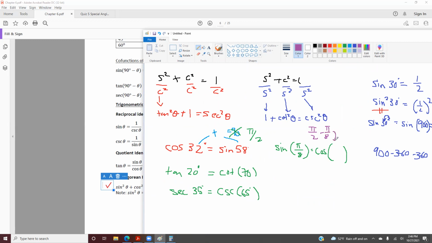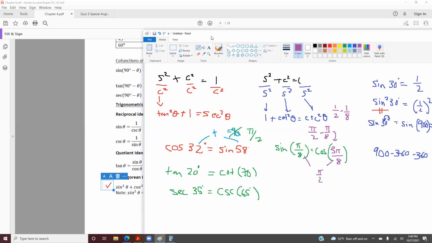If you have your calculator, you just do 1/2 minus 1/8. Anyone got an answer here? 3 pi over 8. So sine pi over 8 is cosine 3 pi over 8. Again, when you add these two up, it's 90 degrees, or pi over 2 in this case.